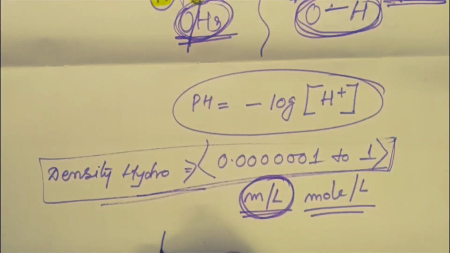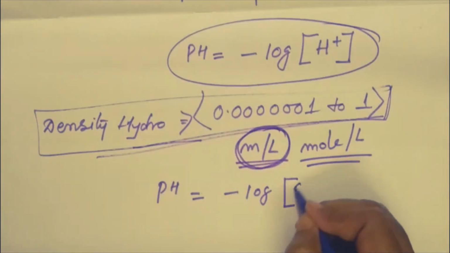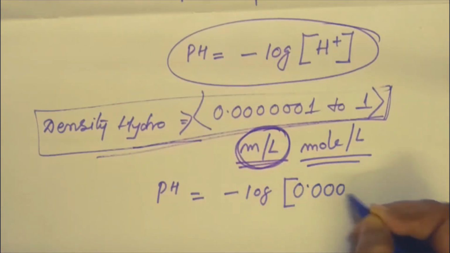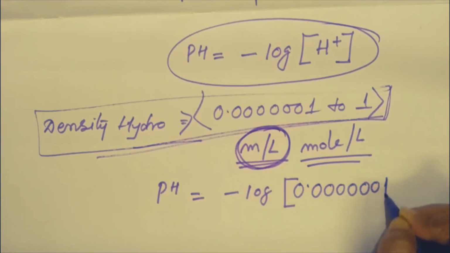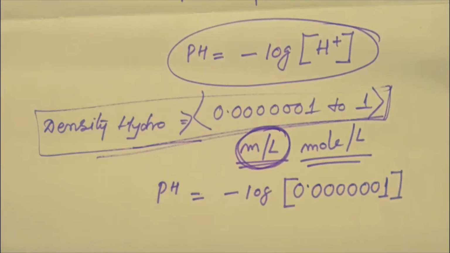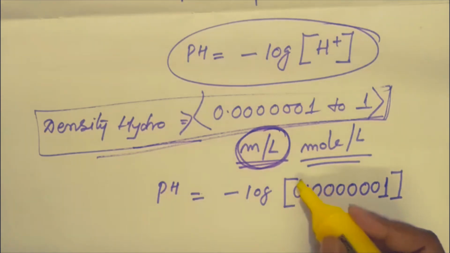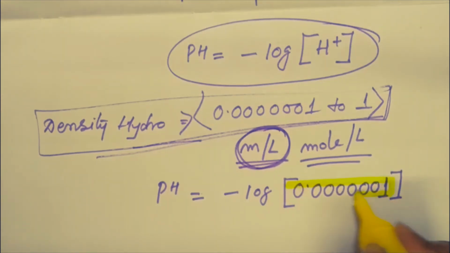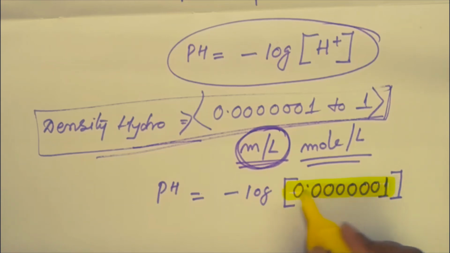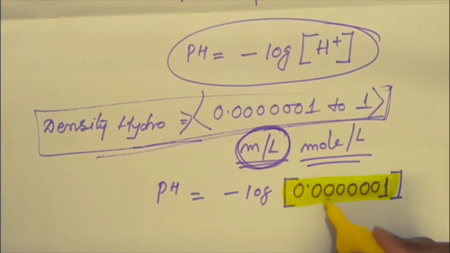Now the pH of fresh water. The hydrogen ion concentration of fresh water, or water at room temperature, at 25 degree centigrade, is 0.00000001. This is the known attribute. So let's go for the calculation.